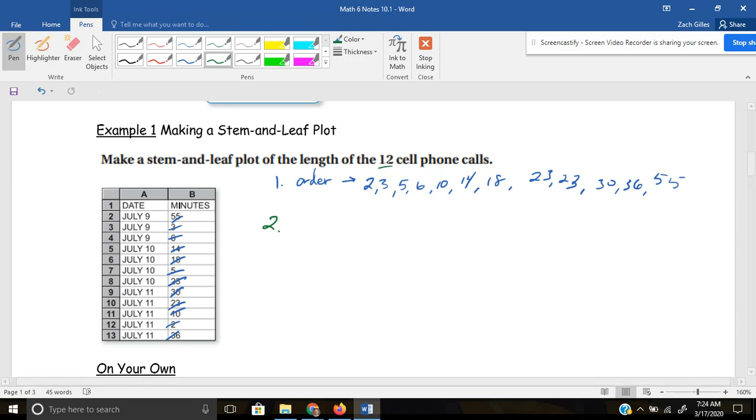My next step is to choose the stems and the leaves. The data values range from 2 being my smallest to 55 being my greatest. I need to use tens digits for the stems and ones for the leaves, and I'll make sure I include a key as well. The stem always goes on the left, and the leaf goes on the right.